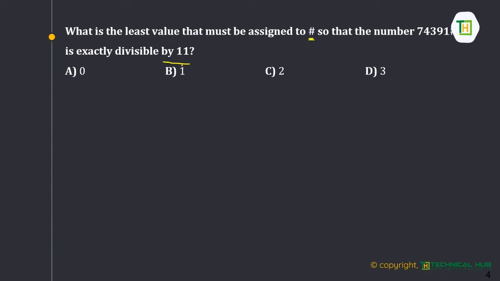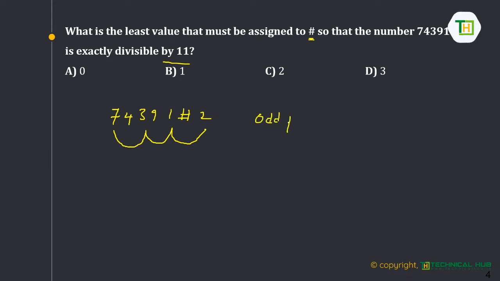Yes. So what is the given number here? The given number is 74391#2. First of all, you have to take the sum of the digits in odd places. The odd places are 7, 3, 1, 2. Take the sum of the digits.